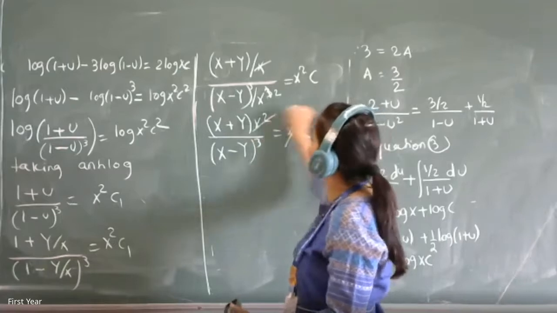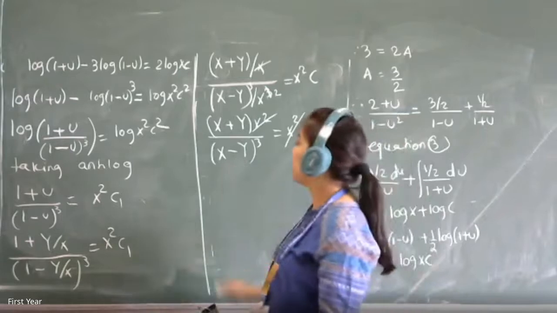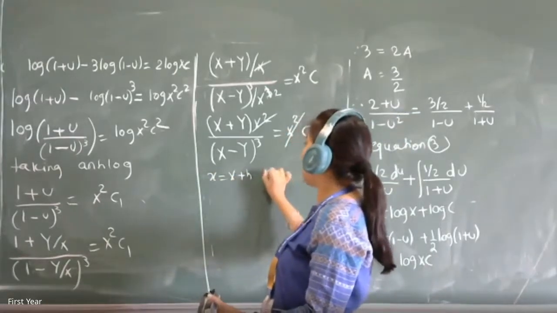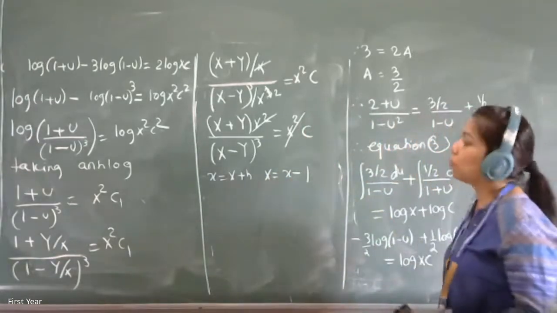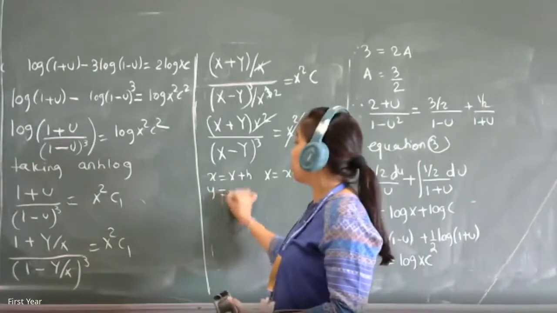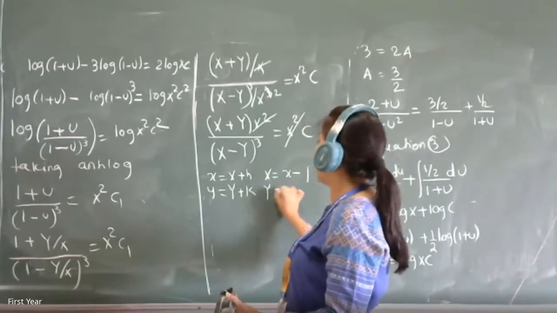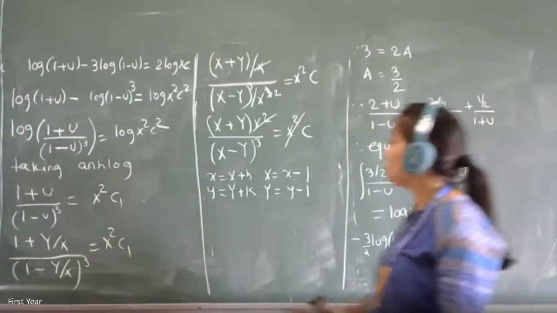So again x square term gets this, and then let's substitute the value of capital X and capital Y. What was small x? Capital X plus h. Therefore capital X will be small x minus h. What was small h? h was 1. Small y was capital Y plus k. So capital Y will be small y minus k. k was also 1. So you substitute and you get the answer.